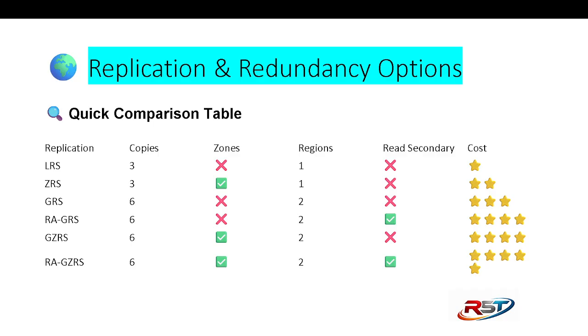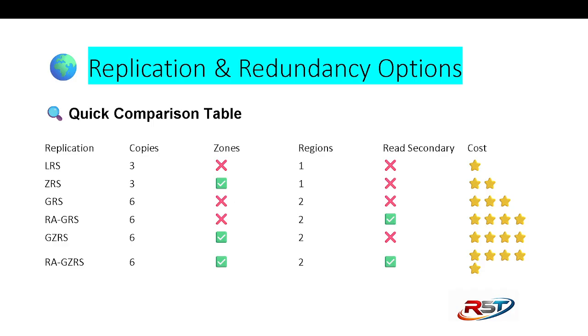GRS, Geo Redundant Storage. Copies, 6 copies it maintain, and zone wise it won't copy. Only primary region it copies, and zone wise it won't copy. Secondary regions, two regions it maintain. And data maintained in two regions.